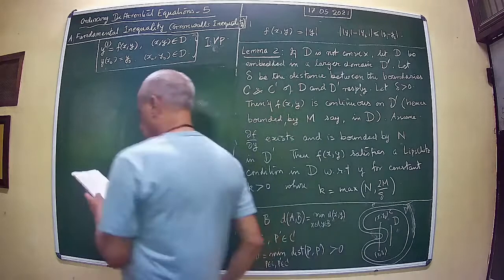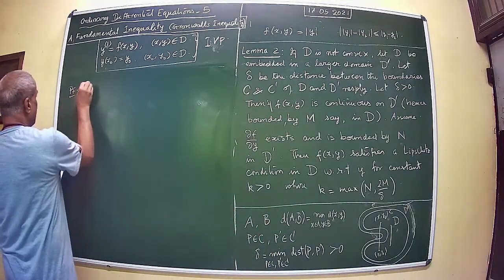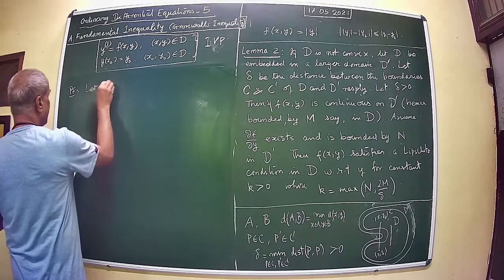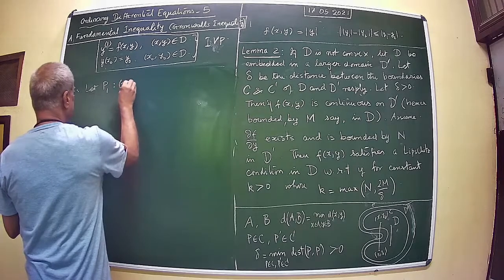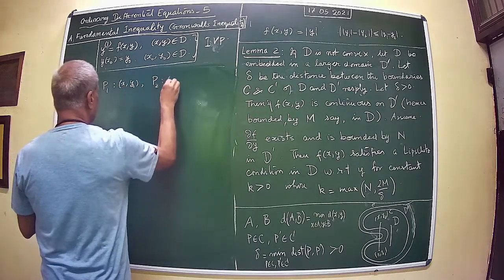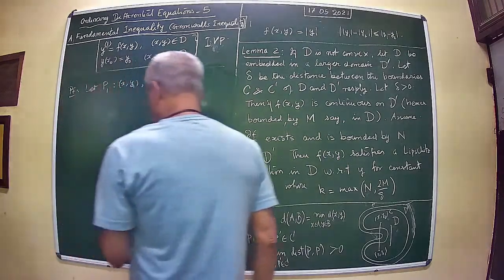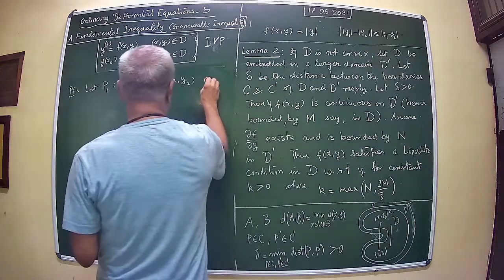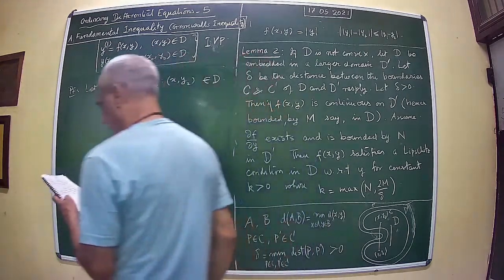So proof. Let P1, which is x, y1, and P2, x, y2, belong to D. Then there are two scenarios that you can have.